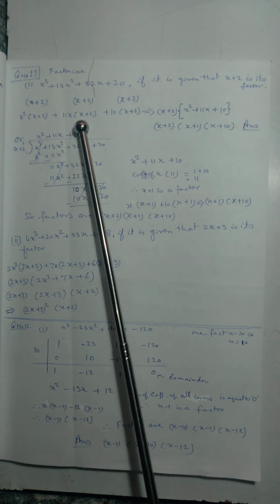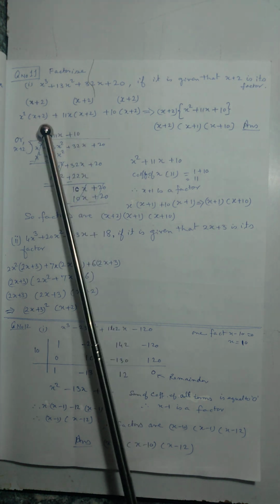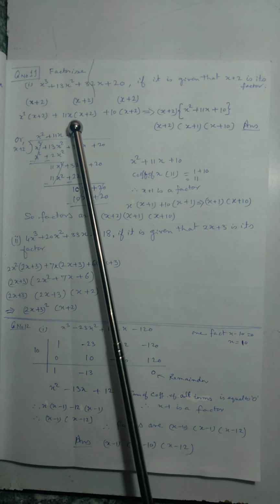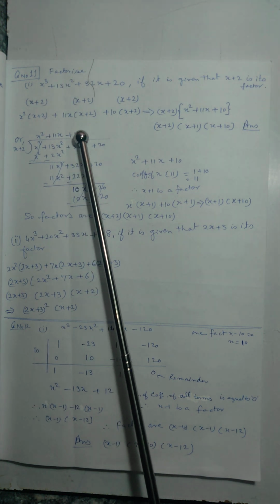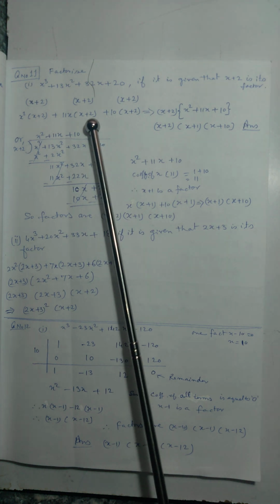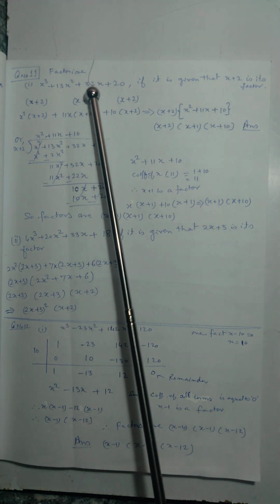So 11x will be multiplied to x plus 2. So 11x square and 2x square. While you add them, you will get 13x square. Now multiply 11x to 2. You will get 22x. Here it is 32x.